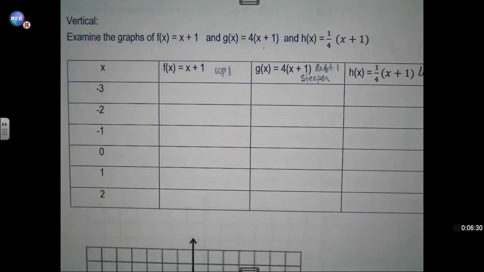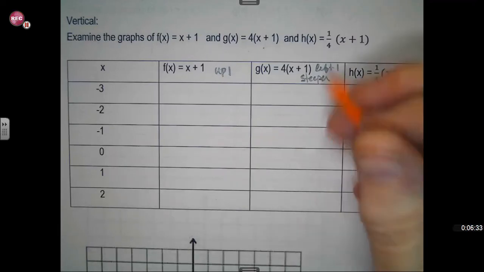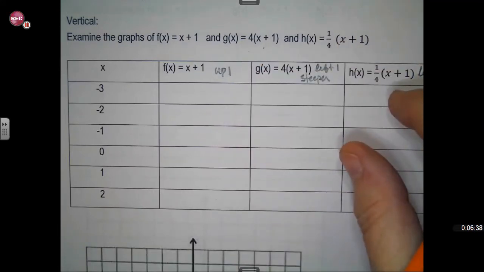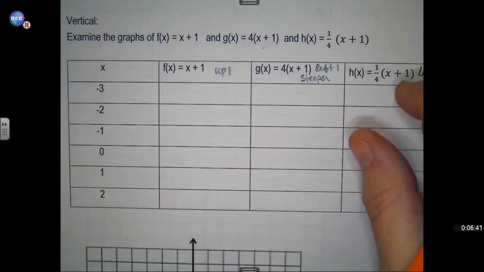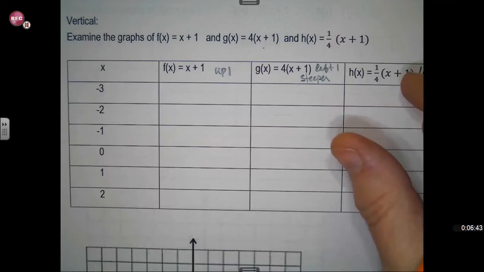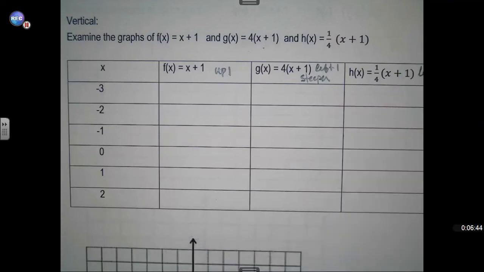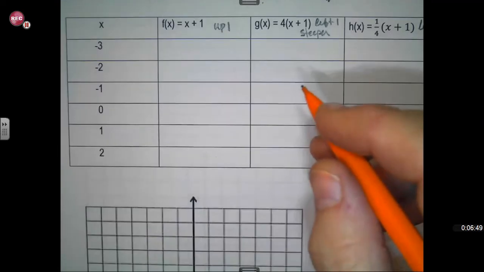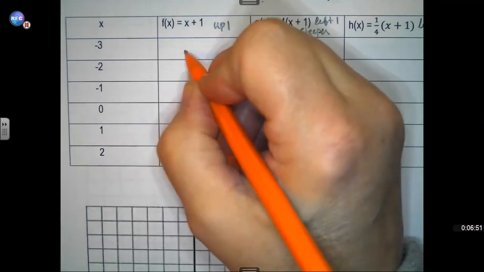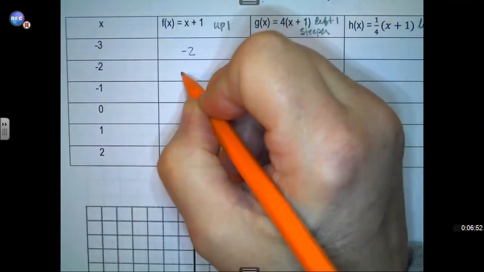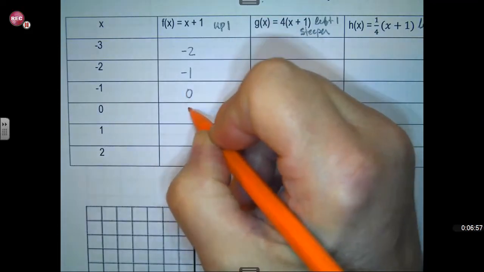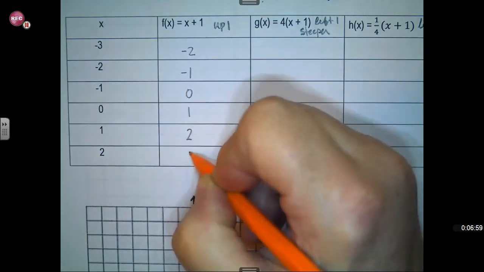Okay. So then, rather than doing the transformations, they wanted us to plot points so that we can see. So we can do that. If I plug -3 in here, I get -2. Plug in -2, plug in -1, plug in 0, 1, 2.